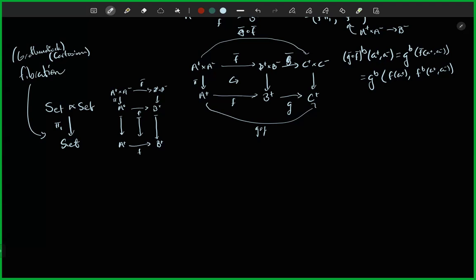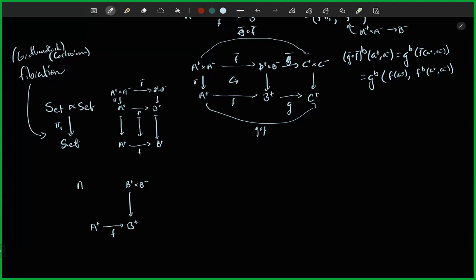And the reason it is, is because we always have pullbacks of this form. If I have A plus to B plus via F, and then I have a map like this, B plus times B minus, I can always form the pullback here.